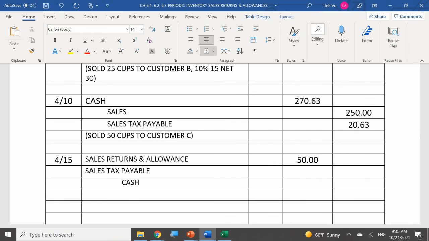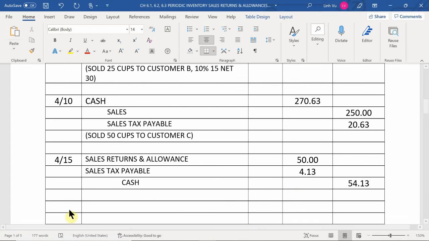However, we also have to give them a portion of the sales tax money back, because that's what we originally charged them in the first place. So in this case, how much is the sales tax? $4.13. Okay, so in this case, we need to give them $54.13 back.